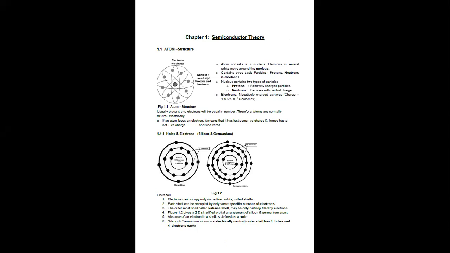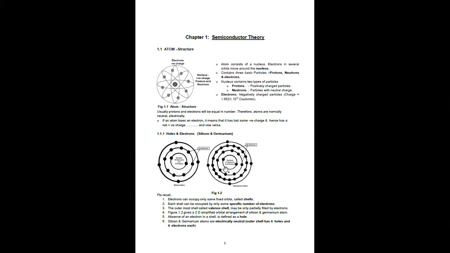Usually the protons and electrons are equal in number. Therefore, atoms are normally electrically neutral. If an atom loses an electron, it has lost some negative charge and hence has a net positive charge, and vice versa.